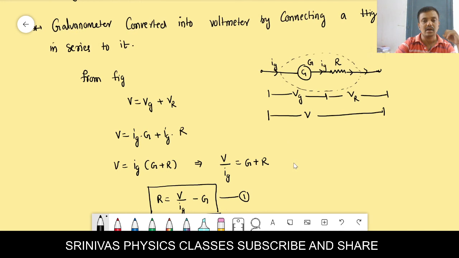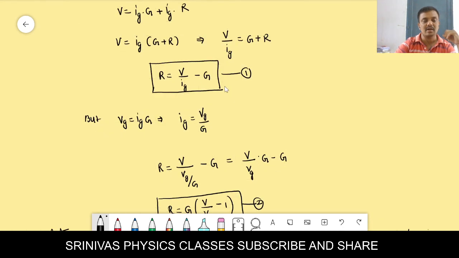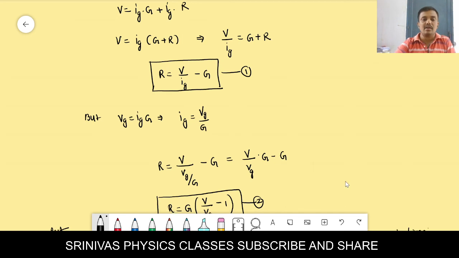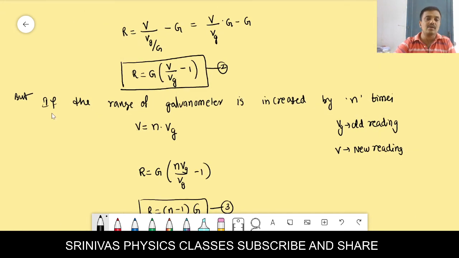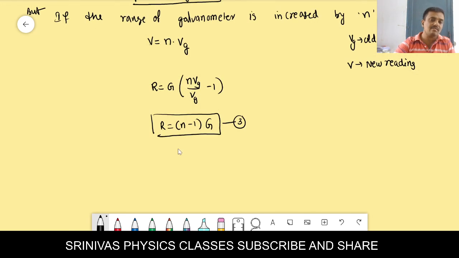Here we got the R formula, V by Ig minus G, and the Vg formula we write as Ig G. From that Ig equals Vg by G, that you substitute in the above equation, and finally we got this equation. The range of the galvanometer is increased by n times. V is the new reading, Vg is the old reading. New reading equals n times the old reading. Then we write nVg, V replaced with nVg, and we simplify this, we get this equation. And one note point.